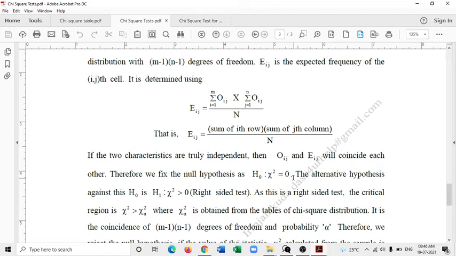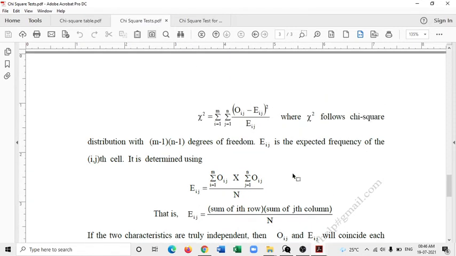Now note that H0 is chi-square equal to 0. The alternative hypothesis is H1: chi-square greater than 0, because the chi-square value cannot be less than 0. So there is no left-sided test and also no two-sided test. Therefore this test is also a right-sided test, and this chi-square statistic has degrees of freedom m minus 1 into n minus 1.